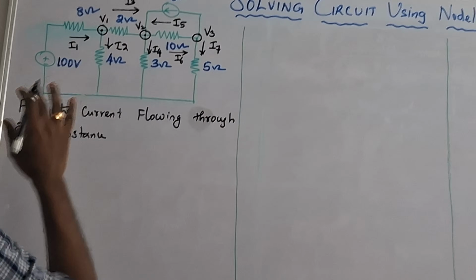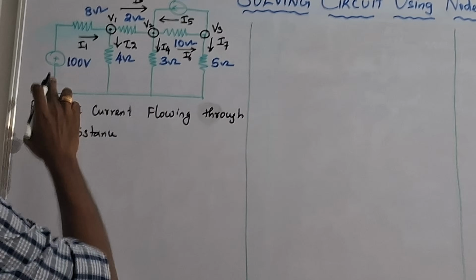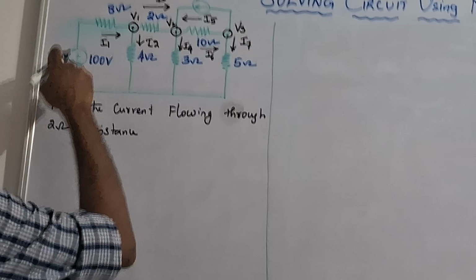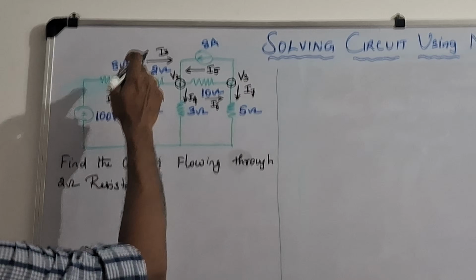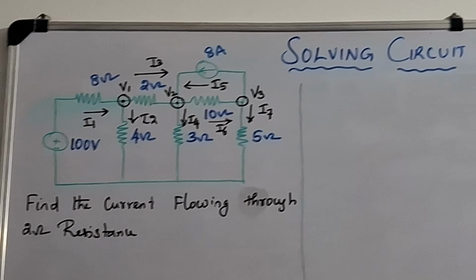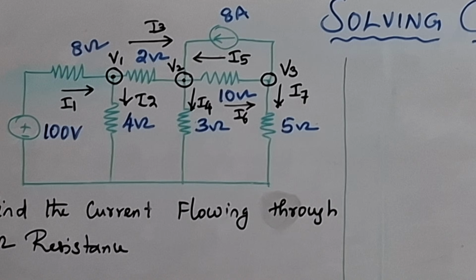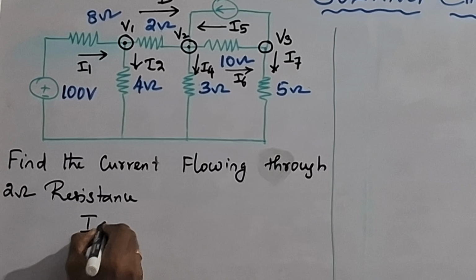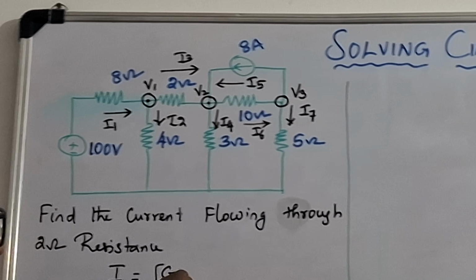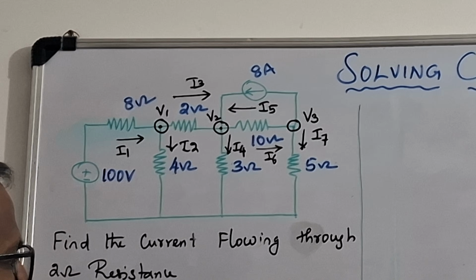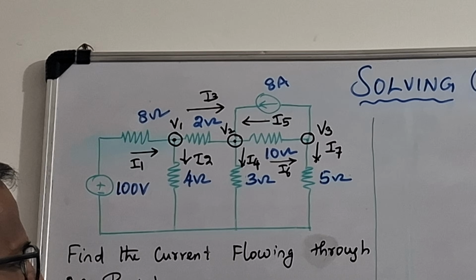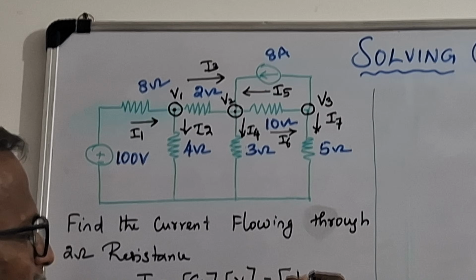Now in our nodal analysis, we have a voltage source and one resistance here. So there are three nodes, V1, V2, V3. We have to write the matrix as the current matrix equal to the conductance matrix into the voltage matrix. The conductance matrix is nothing but 1 by resistance.